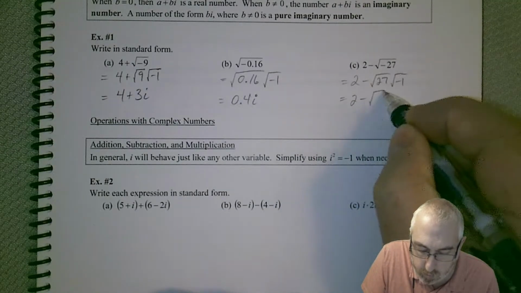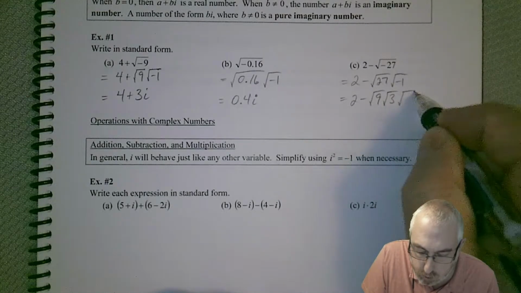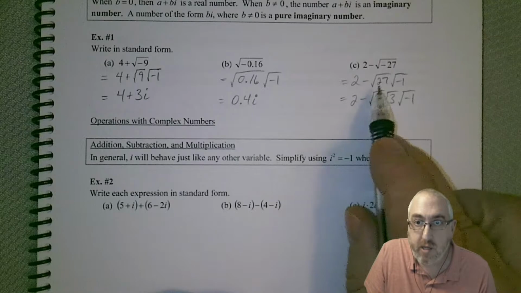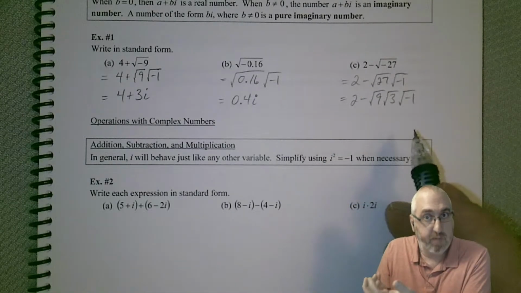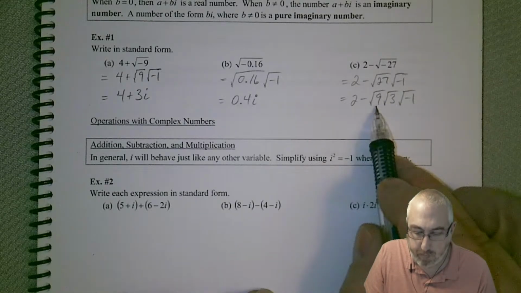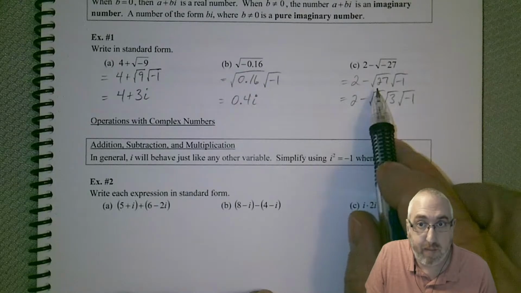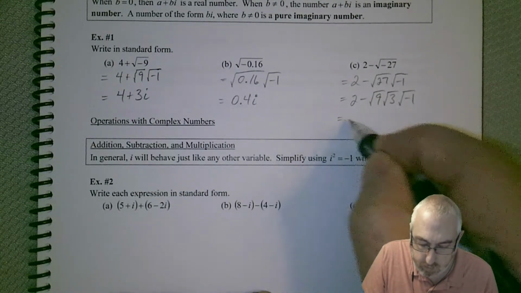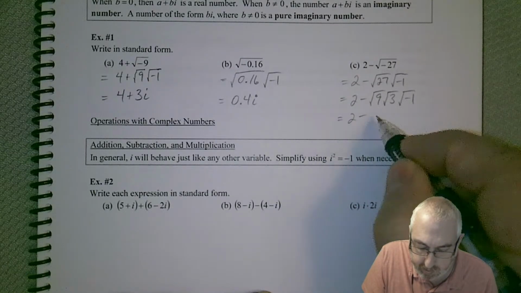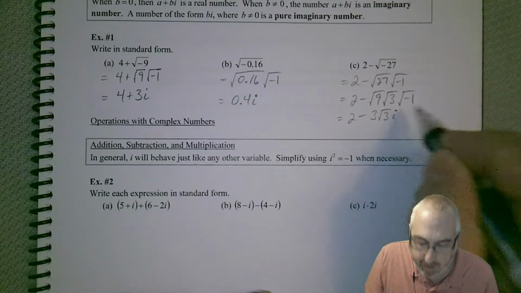Hopefully you remember this, but if not, we can split apart the 27 into a perfect square piece and a not perfect square piece. The perfect square piece is 9. That's the largest one that we could get out of 27. And then we've got the 3. So we would do 2 minus the 3 square root of 3, and then we've got the i.